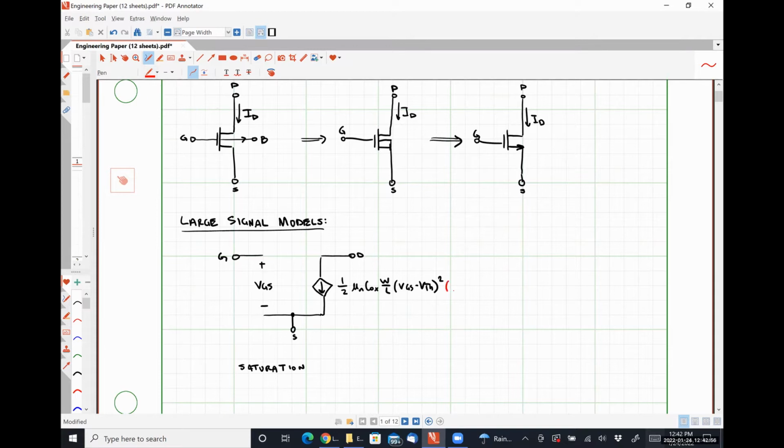And when channel length modulation effects are present, there will also be a 1 plus lambda VDS term.